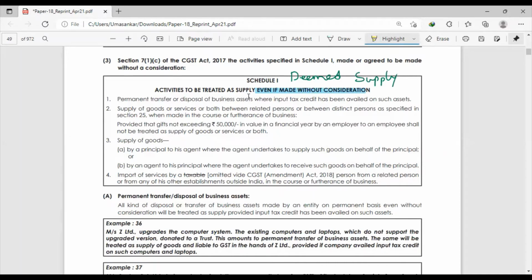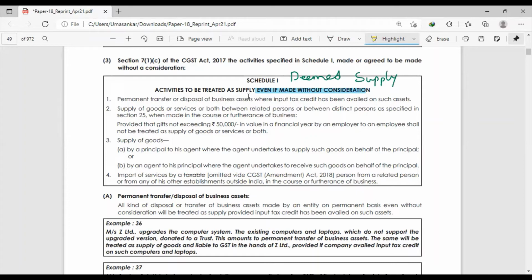Permanent transfer or disposal of business assets where input tax credit has been availed on such assets. Suppose you are transferring any asset or fixed asset or any goods, or you are disposing some of the business assets, then there are two cases. One, on purchase of those assets, you have availed ITC, or you have not availed ITC.